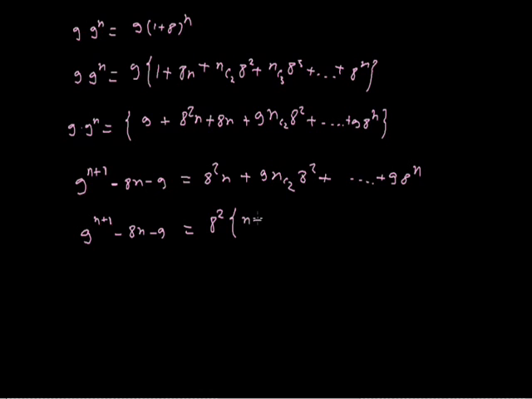So here n plus 9 nc2 plus up to 9 8 to the power n minus 2, because we can take 8 square as common. Now 9 to the power n plus 1 minus 8n minus 9 is equal to 64, and we can put this whole expression as k. So we can see that 9 to the power n plus 1 minus 8n minus 9 is divisible by 64 for all values of n belonging to positive integers.